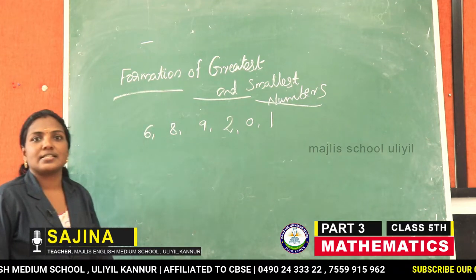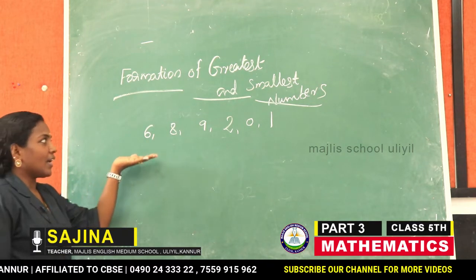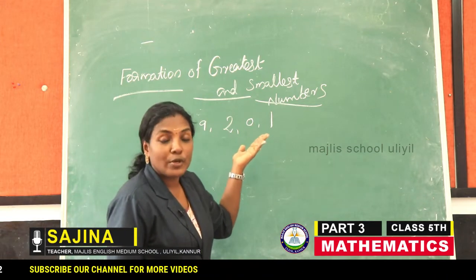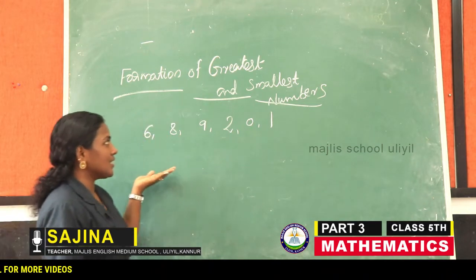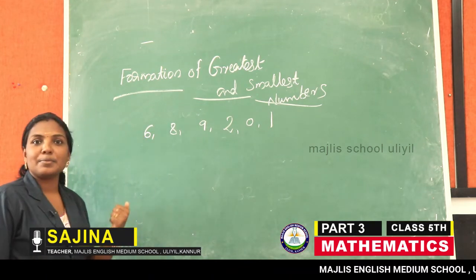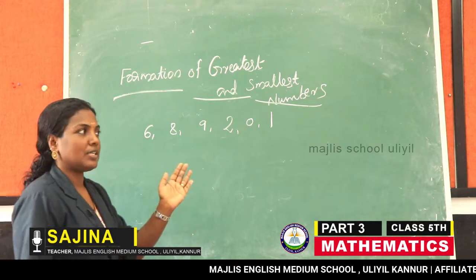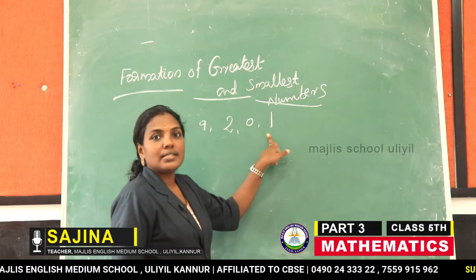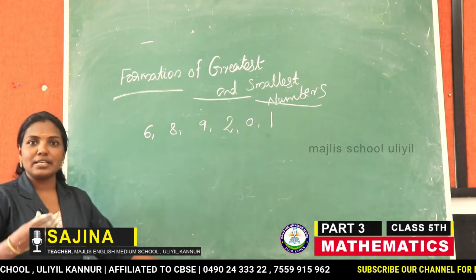Then how to find this? For that, we arrange these digits in descending order. Descending order means biggest to smallest.